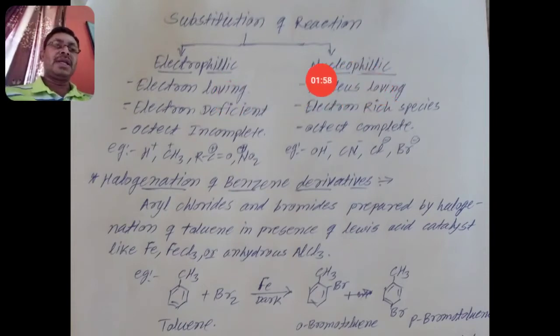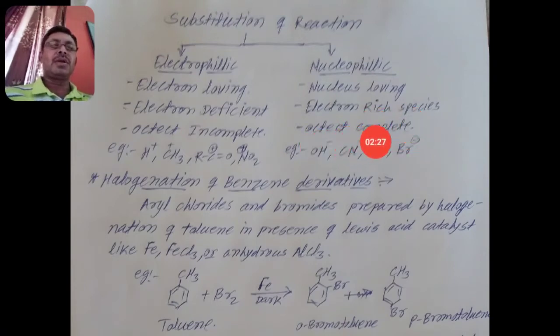The other substitution reaction is the nucleophilic substitution reaction. Nucleo means nucleus, philic means loving. Nucleus loving species are known as nucleophiles. These are electron rich species. They have more electrons, so the octet of these species is complete because they have sufficient electrons.